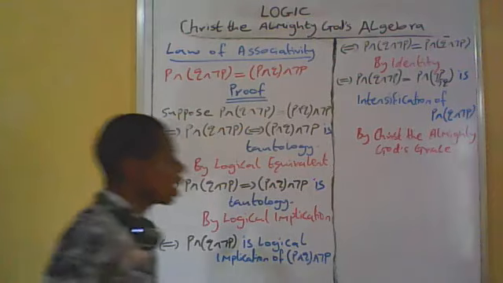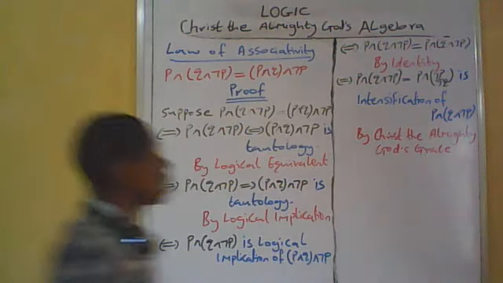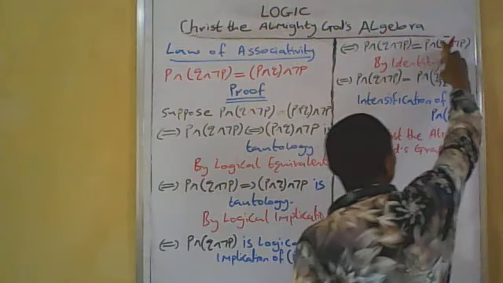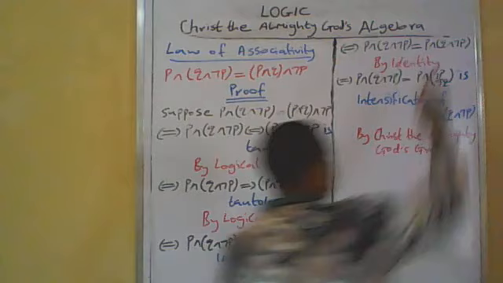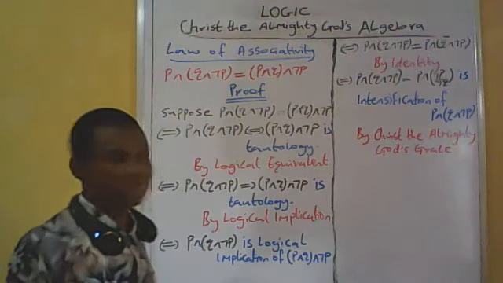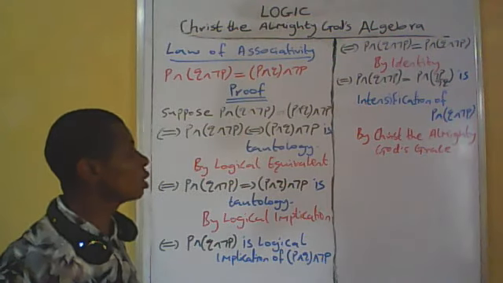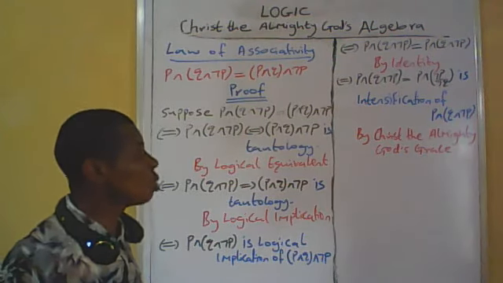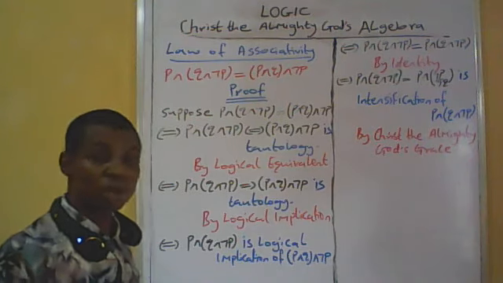So it's through Christ Almighty God's grace that we transform this conjunctive statement to a conditional statement. That means Q and not P to not P upon not P. It becomes intensification.